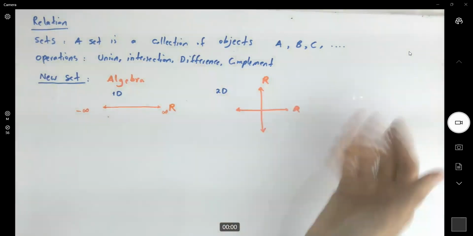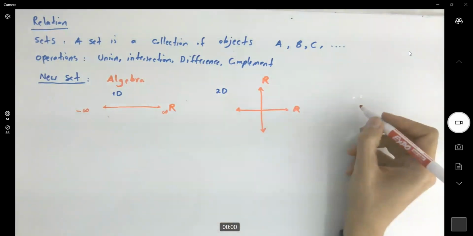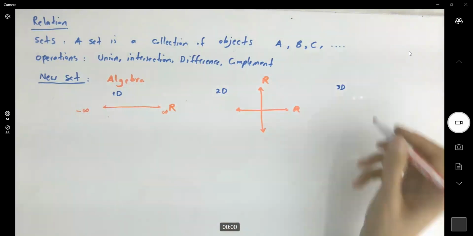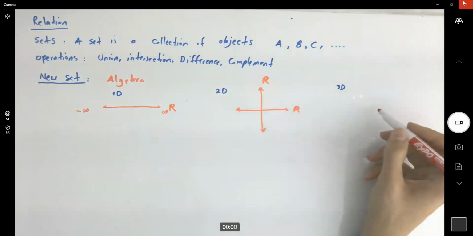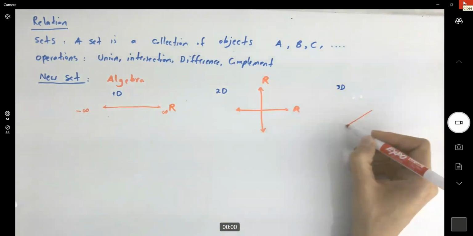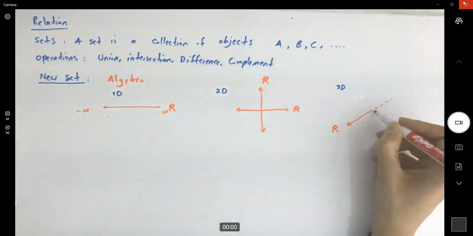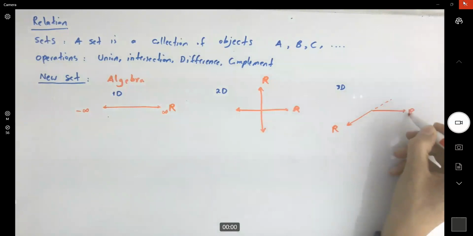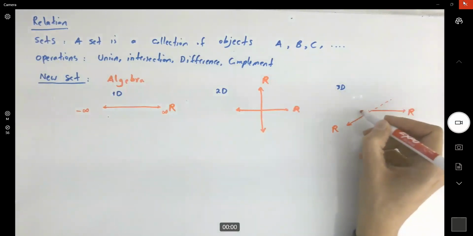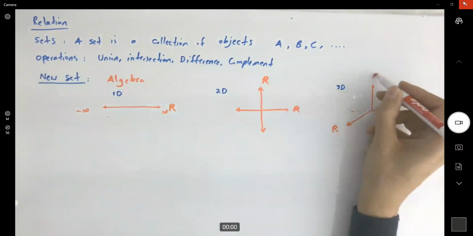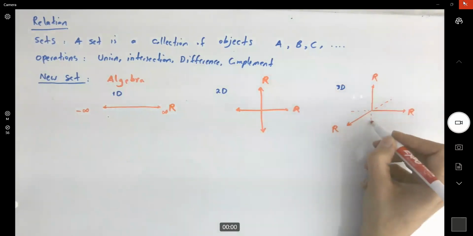And then we expand the idea and introduce three-dimensional space, 3D. We have our x-axis, our y-axis, and a third axis. So one by one, we generalize the idea, expand it, and create something new in math.